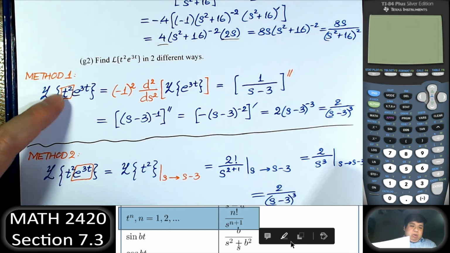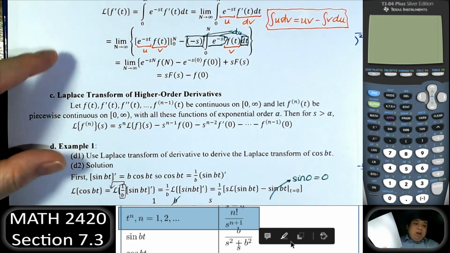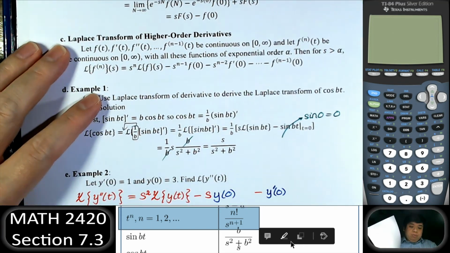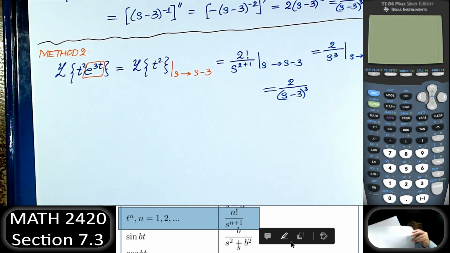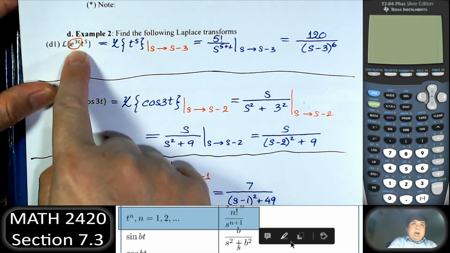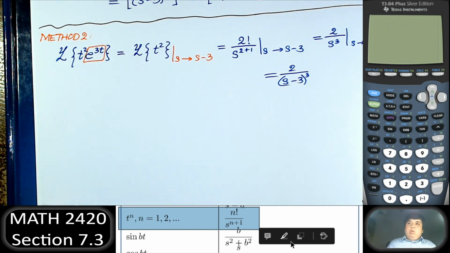But two things that we need to know are the transformation of derivatives, be able to do something like this, and of course know how to transform where we have e to the at next to it. So it's rather straightforward.